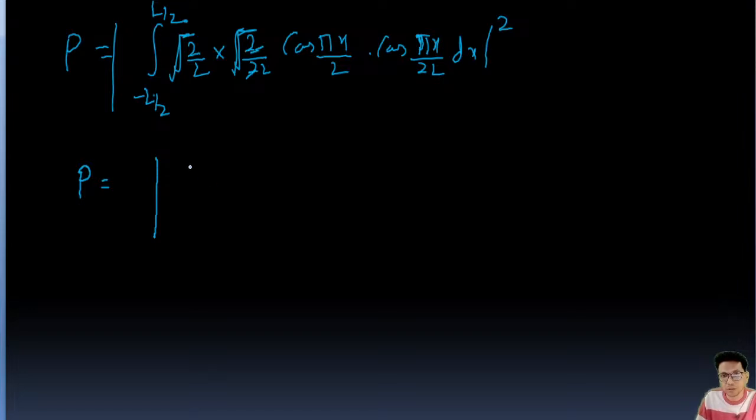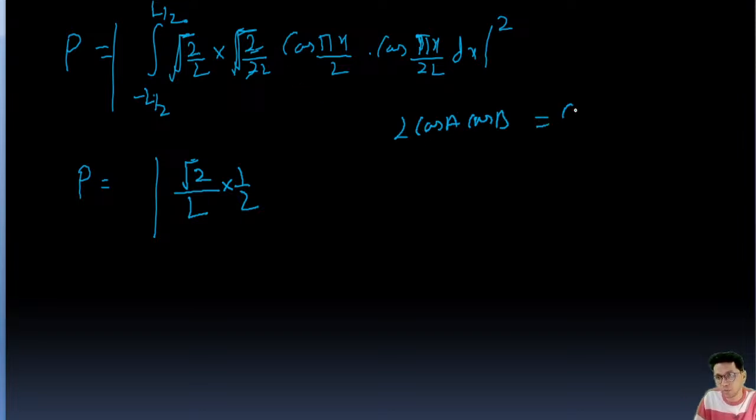It is going to be root 2 upon L. Root L is going to be L. And this we can write into 1 by 2, because this is cos A cos B. We'll multiply by 2 and divide by 2, so it is going to be 2 cos A cos B. We have multiplied by 2 and divided by 2.